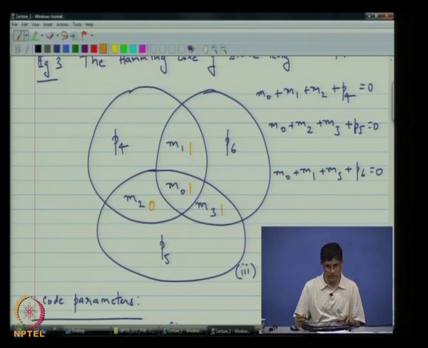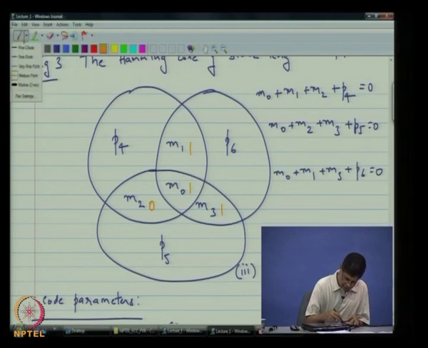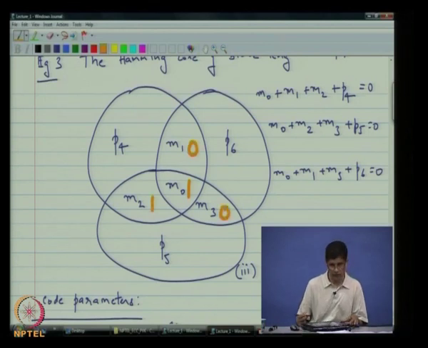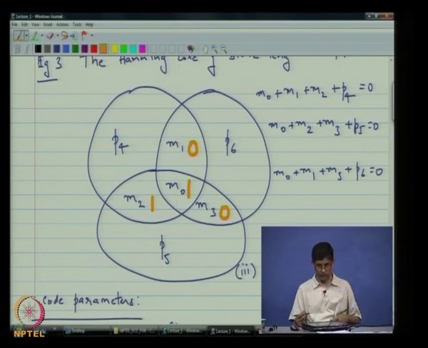The message symbols can be chosen arbitrarily, so let us just assume that in a particular instance they are. I am going to make this a little bit thicker so that you can see it more clearly. So, let us say again that this is 1, this is 0, this is 1 and this is 0, and these are your choices of the message symbols.